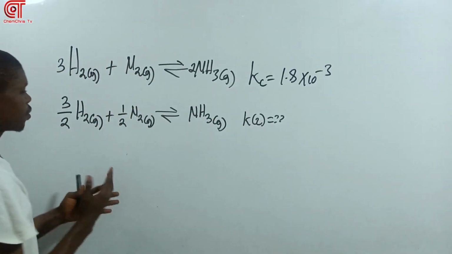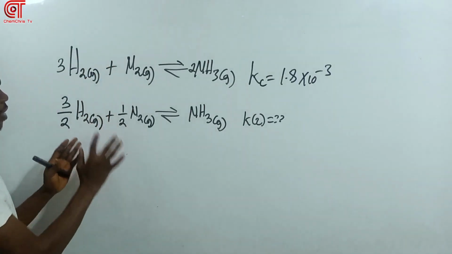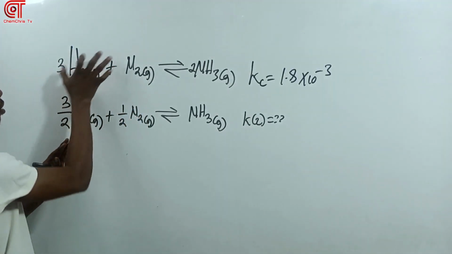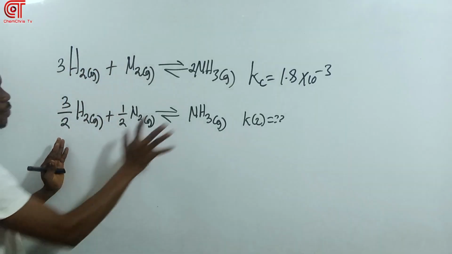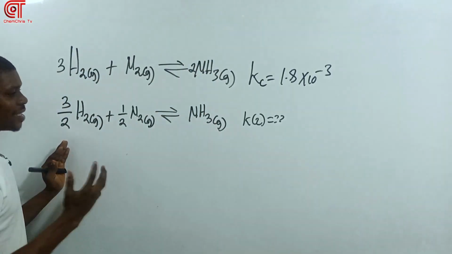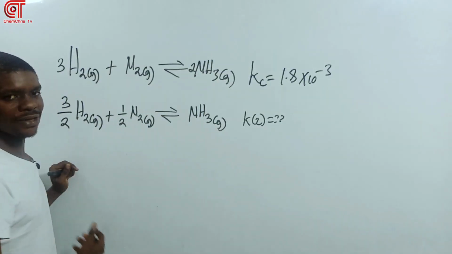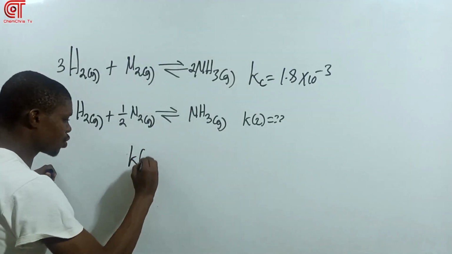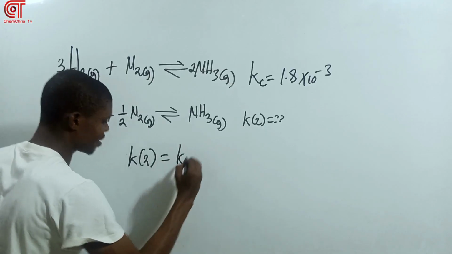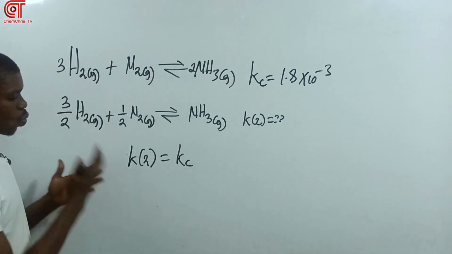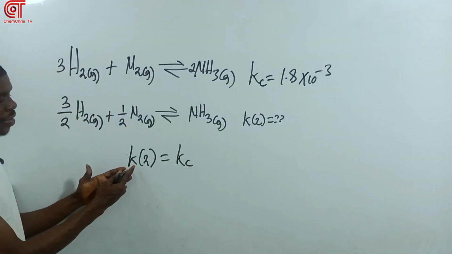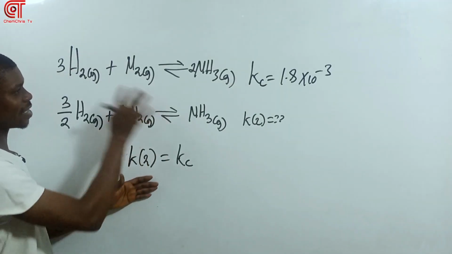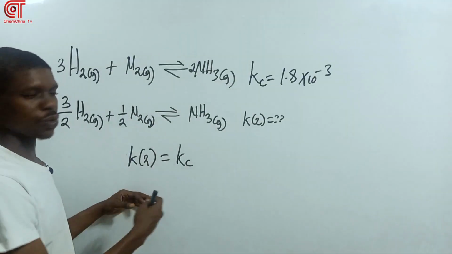First, in these reactions the reactants are the same and the products are the same. So this reaction is not a reverse reaction. So it means that K2 is going to equal Kc. But the main reason why K2 equals Kc here is because it is not a reverse like the first one we did.